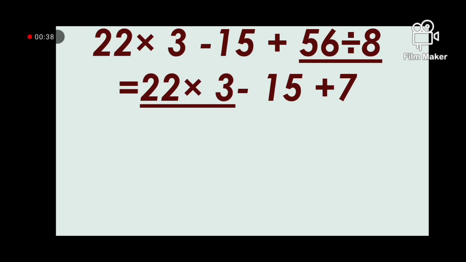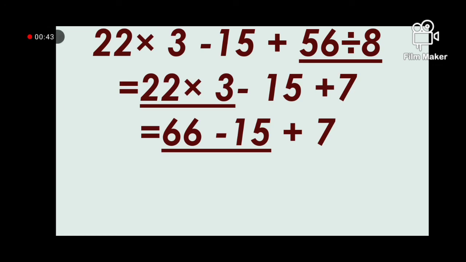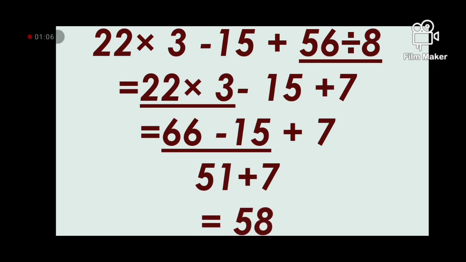Now multiply 22 by 3, we will get 66. Now we have two signs, minus and plus, so we will follow rule number 1 and solve the operations in sequence. Means first we will subtract, then we will add. 66 minus 15 is equal to 51, and 51 plus 7 is equal to 58.